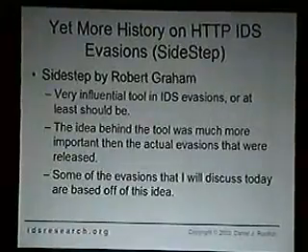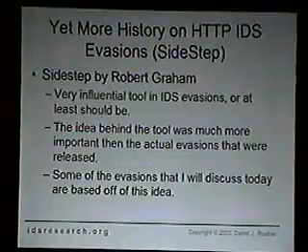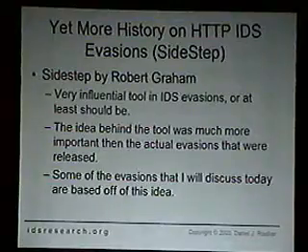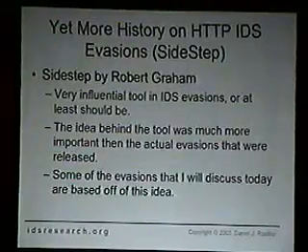I bring up Sidestep here, even though it's not known for web attacks or HTTP evasions. When the tool was released, it brought about a very good and very influential idea in how to evade IDSs. Basically, Robert Graham used the application protocols against the IDSs.